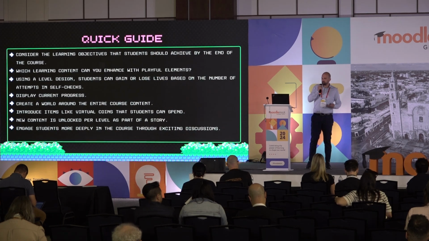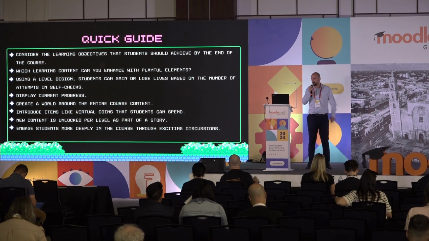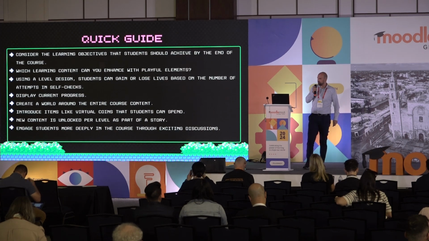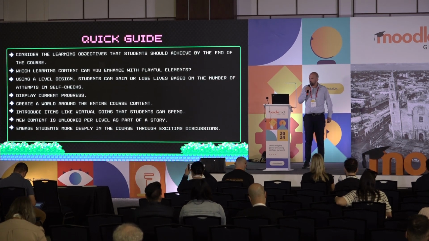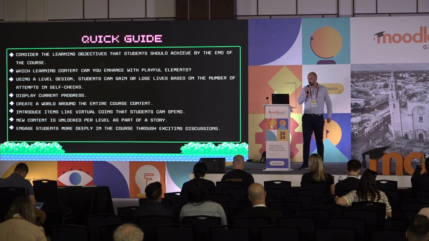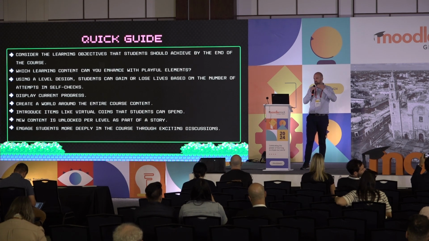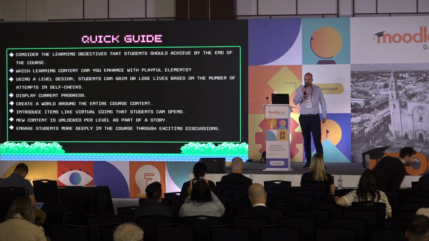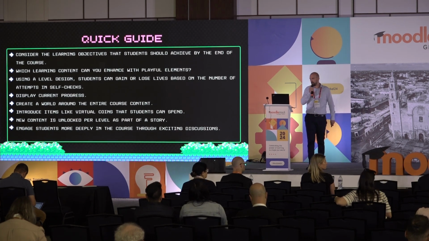There is a short, quick guide. Consider the learning objectives that students should achieve by the end of the course. Which learning content would you like to have? Use level design so your students can gain or lose levels based on the number of attempts, for example in self-check.